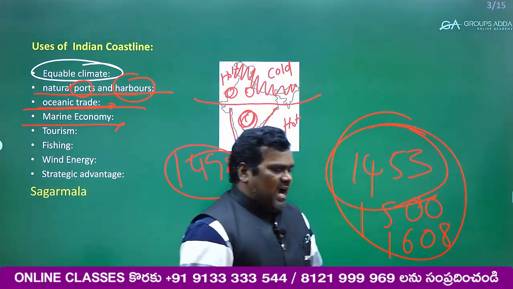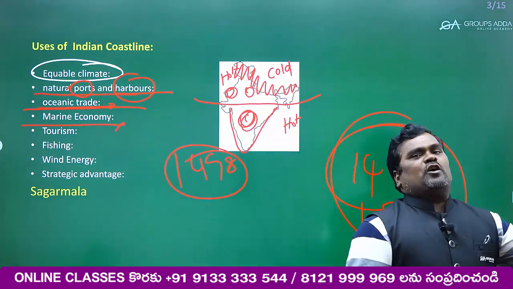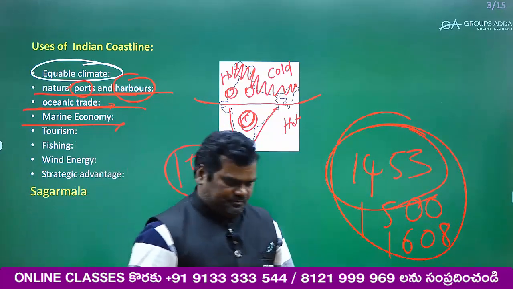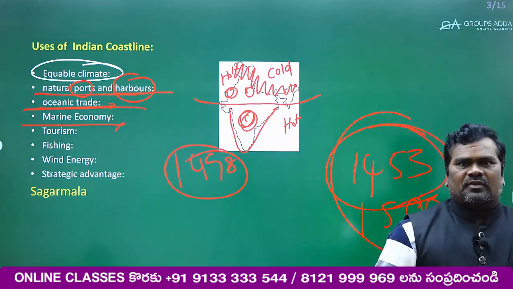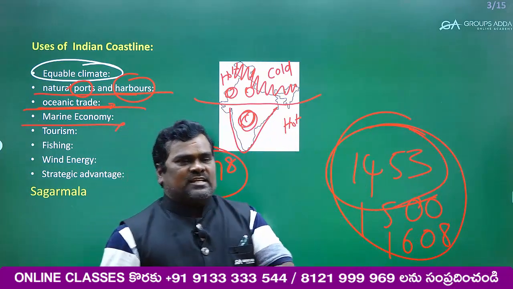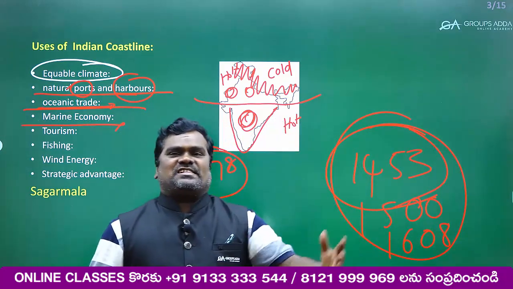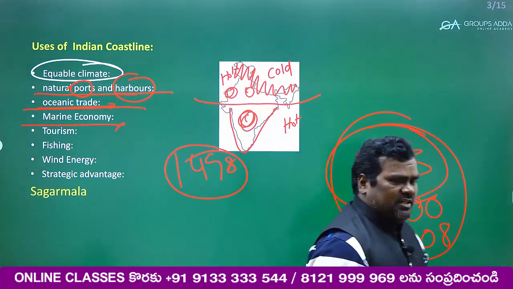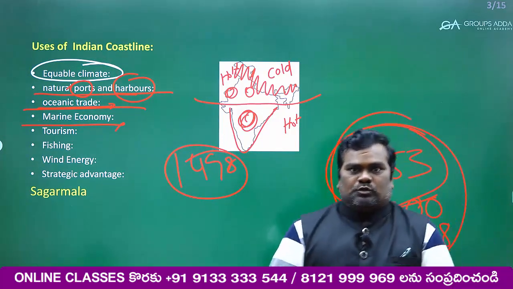Isn't it? And suppose we need any goods which are available at cheaper cost. Suppose America is producing something which is very essential for us at a cheaper rate, then what will we do?